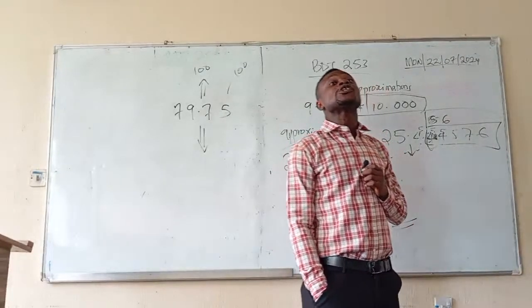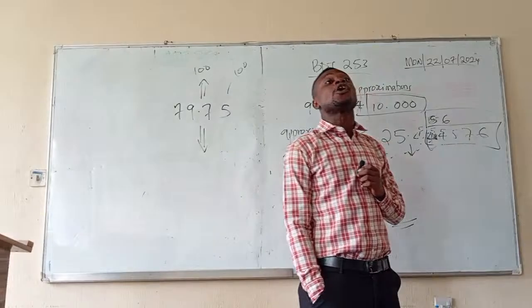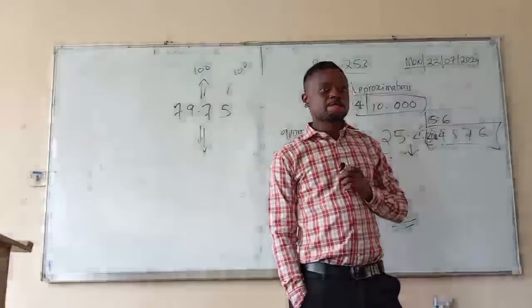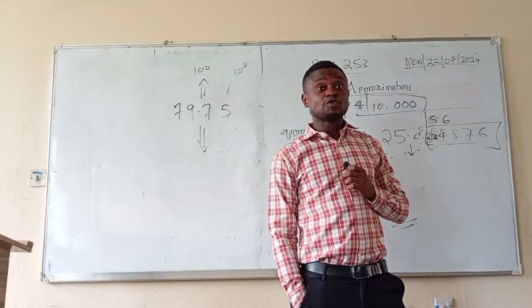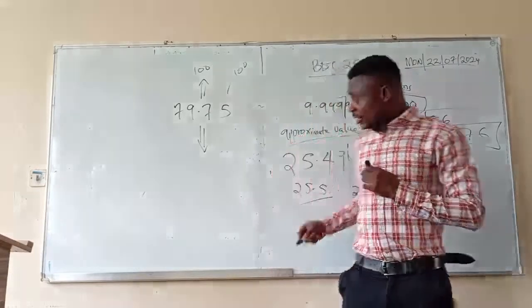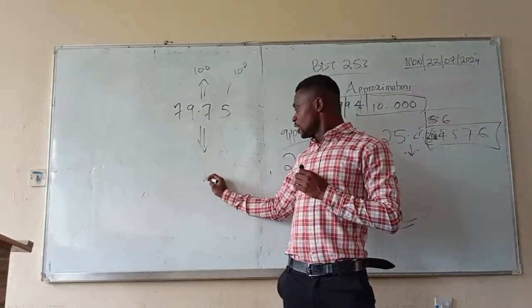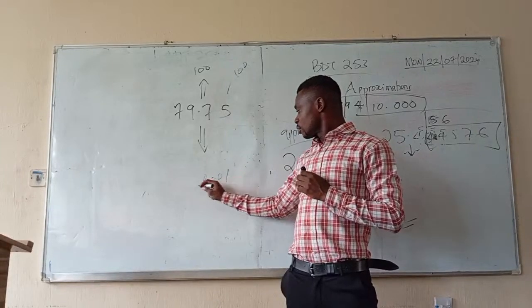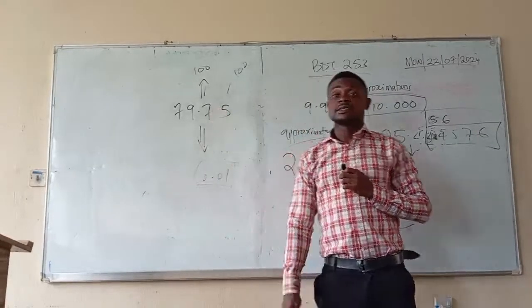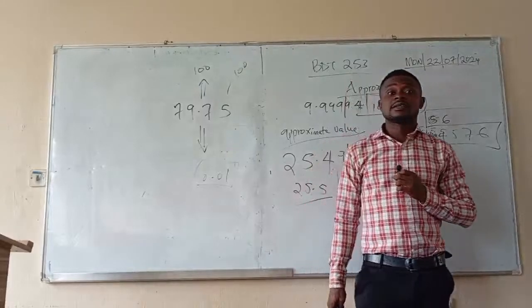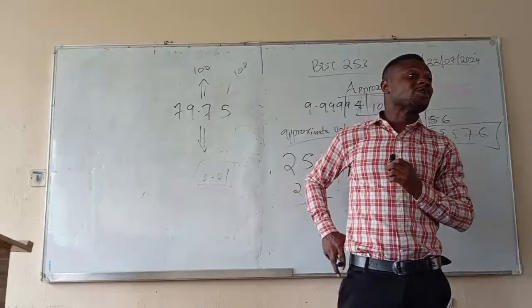It's a place value. So the place value should be in the range of what? Nearest 100 is what?